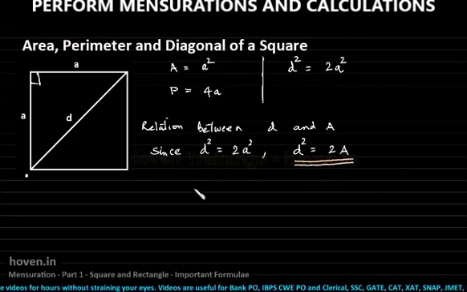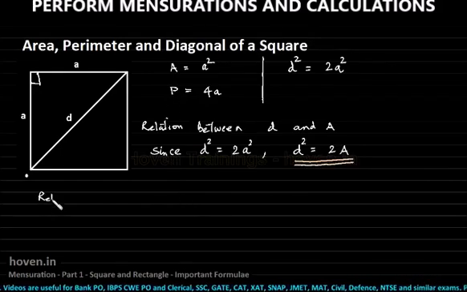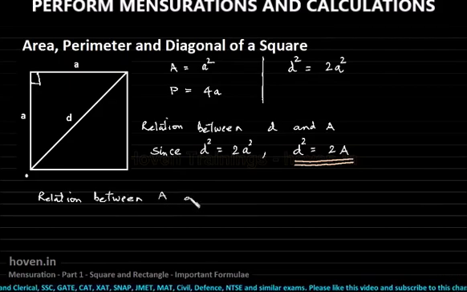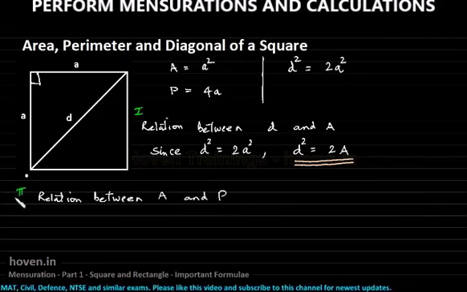We can similarly establish a relation between the area and perimeter of a square. Relation between area and perimeter. Since these are the derived relations, I'll mark them as 1 and 2.